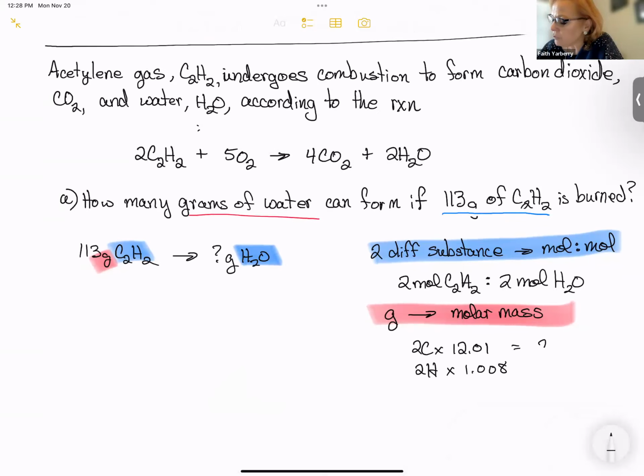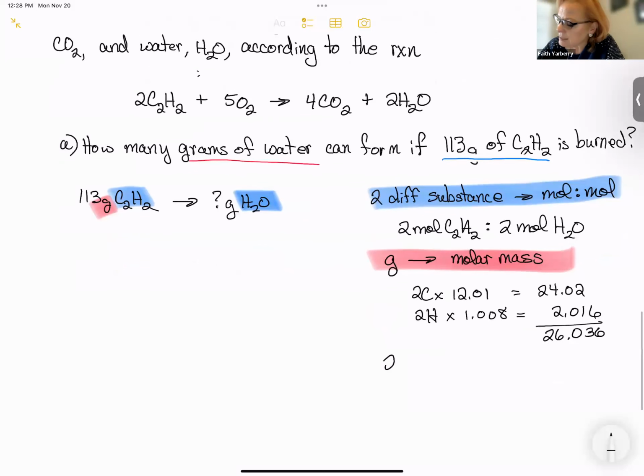The carbons contribute 24.02 to the overall mass, and the hydrogens contribute 2.016, for a total of 26.036. That is, 26.036 grams of C2H2 is equal to 1 mole of C2H2.